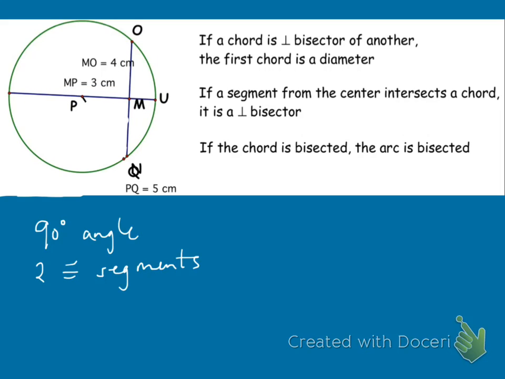Okay, let's extend this. If I know that MP, that's this little segment here, is 3 centimeters, and MO, this segment here, is 4 centimeters, how can I find the radius of this circle?